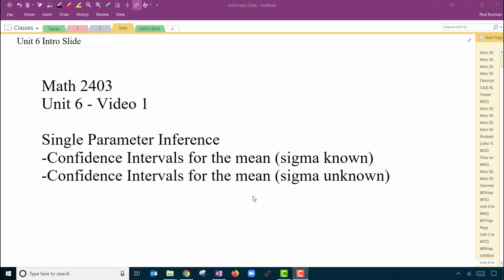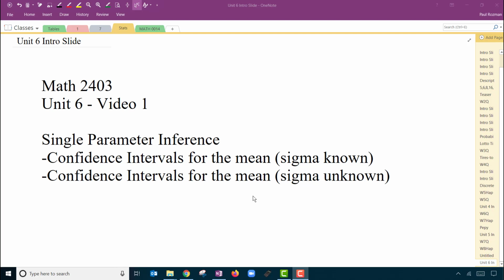We're moving into inferential statistics, where we will basically be combining probability and descriptive statistics in order to make predictions. We'll start out with confidence intervals for the population mean.